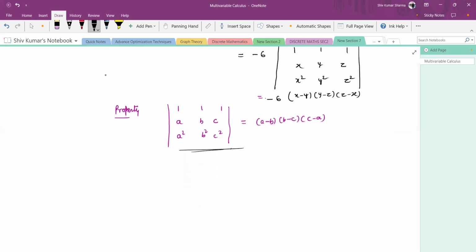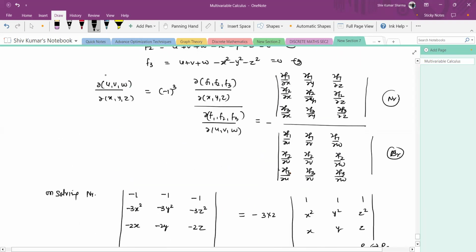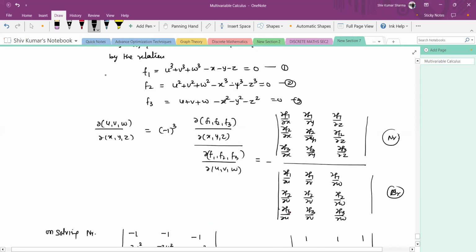Okay, so this is our numerator, and now on solving the denominator. When we solve the denominator part, we have f1 upon u.